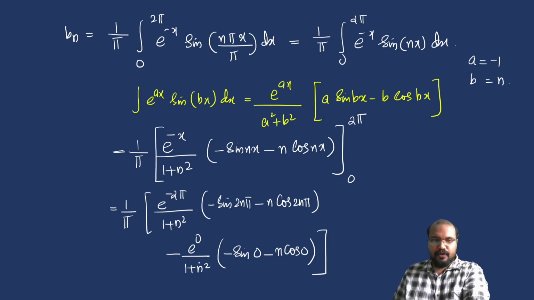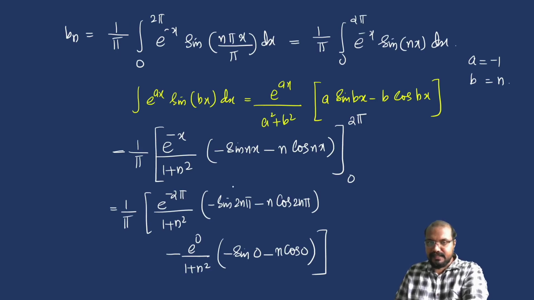Okay, now we can simplify this. Bn is equal to 1 by pi e raised to minus 2 pi divided by 1 plus n square into minus sine 2n pi, it will be 0 because for all n pi's it will be 0, and for cos 2n pi the value will be minus 1.